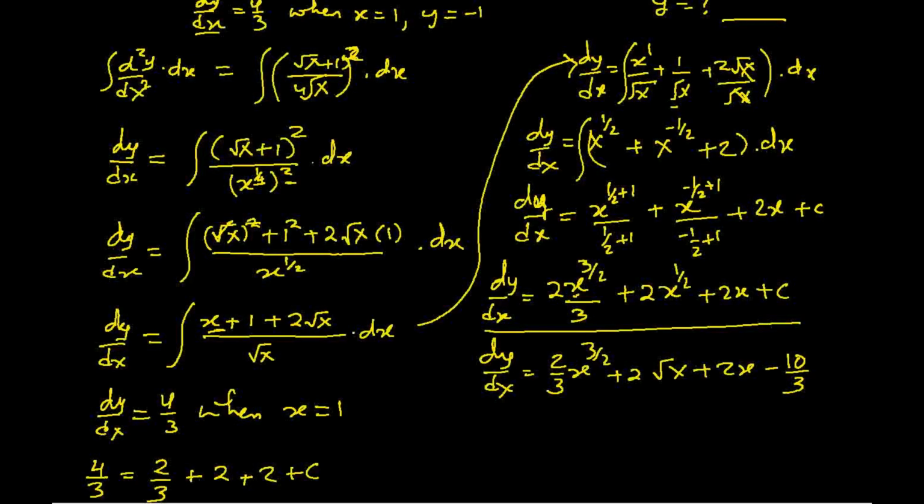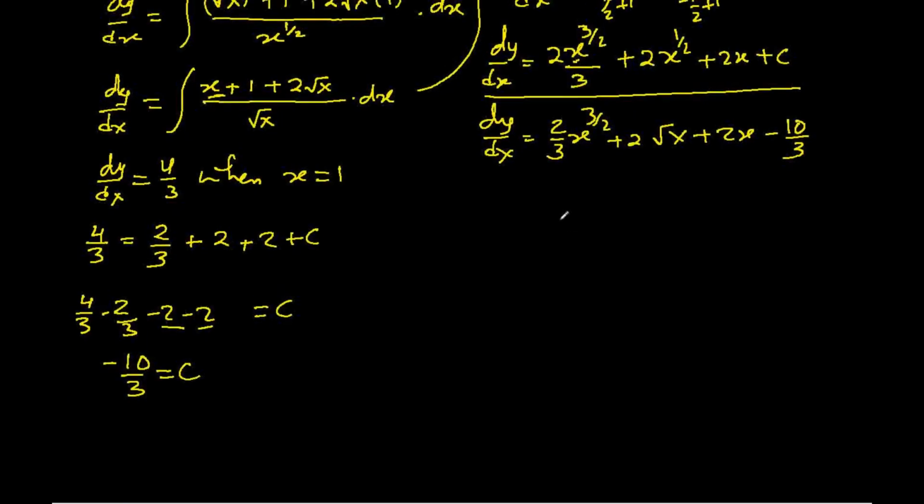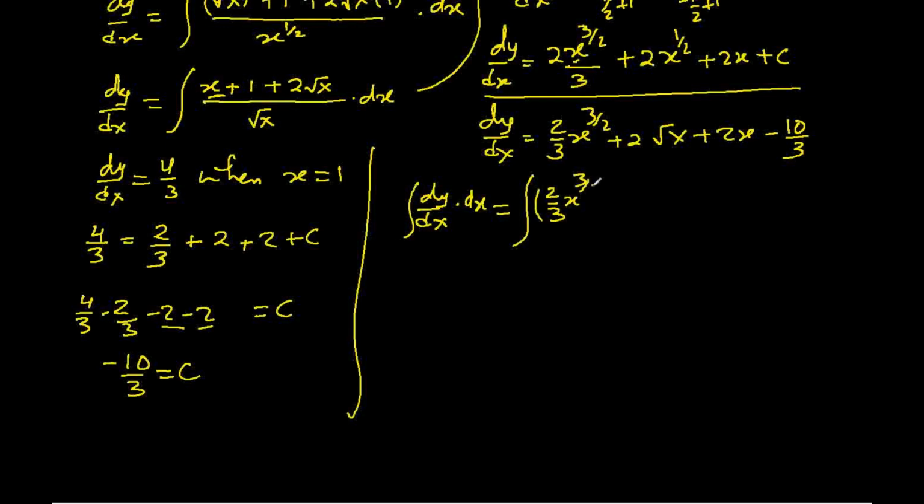But the question was not about gradient. Question was, find the equation of the curve. That means we have to integrate once more to get y. So we will again integrate dy over dx with respect to x: 2 over 3 x to the power 3 over 2 plus 2x to the power half plus 2x minus 10 over 3, dx. For integration, it is better to write this way.